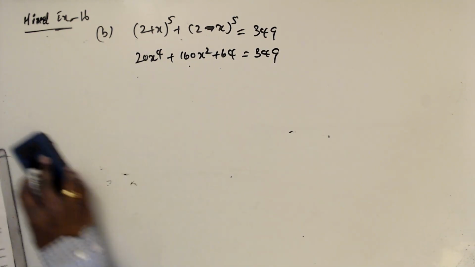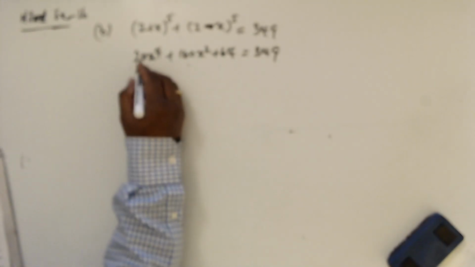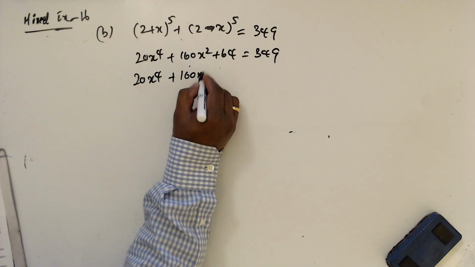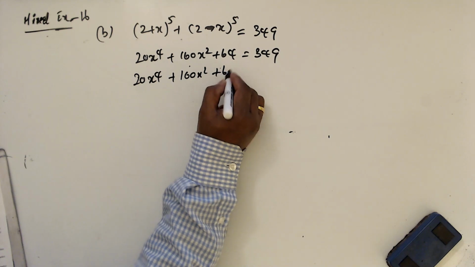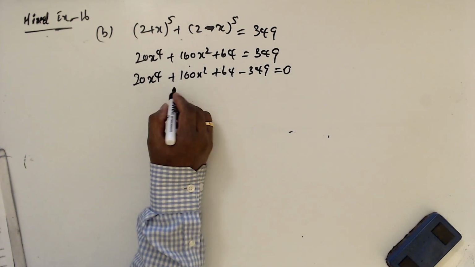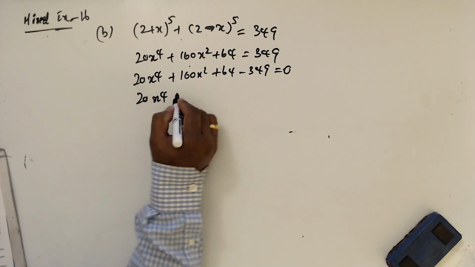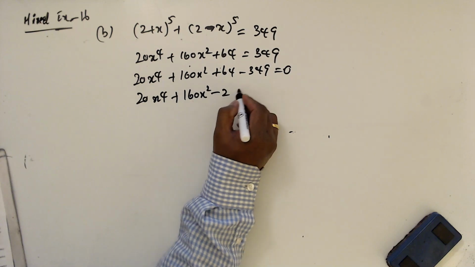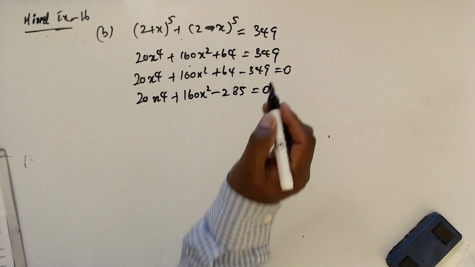So now we have to solve this one: 20x^4 plus 160x square plus 64 minus 349 equals 0. So 20x^4 plus 160x square minus 285 equals 0.